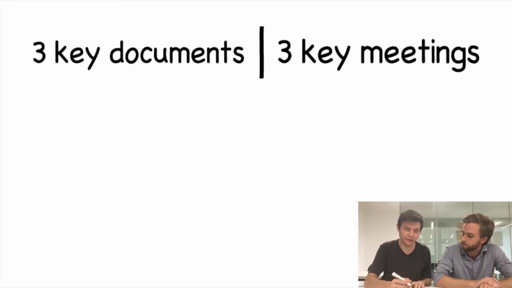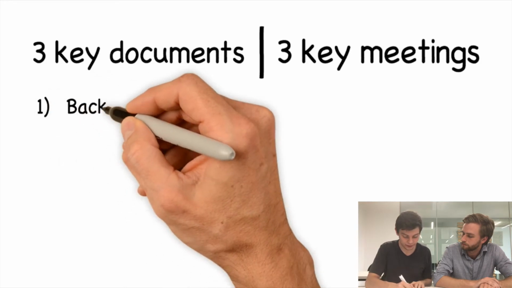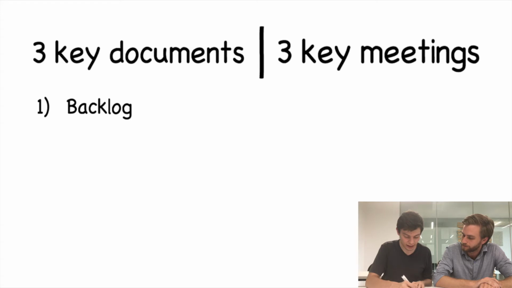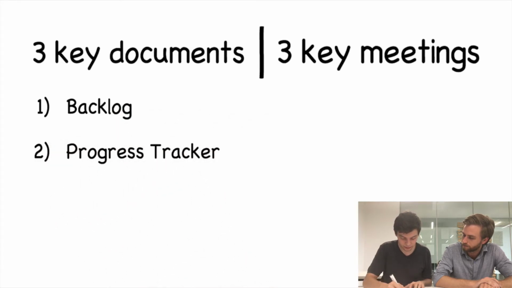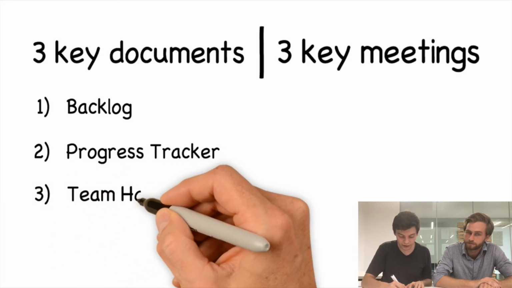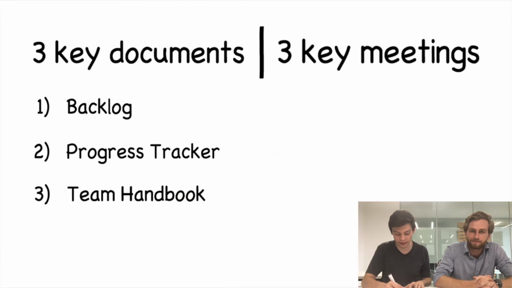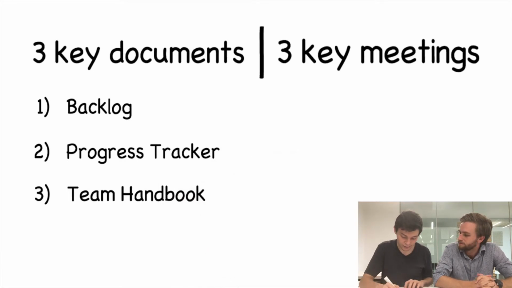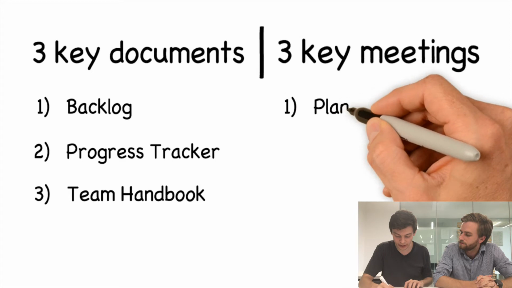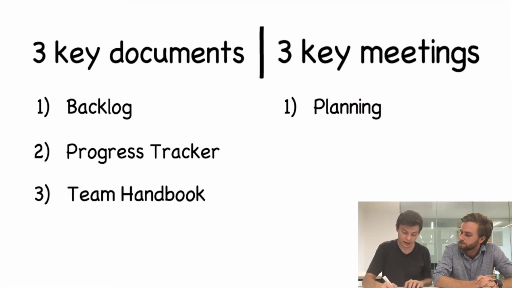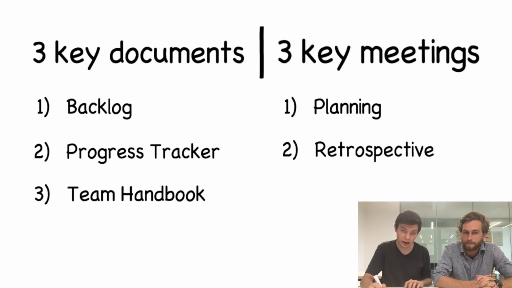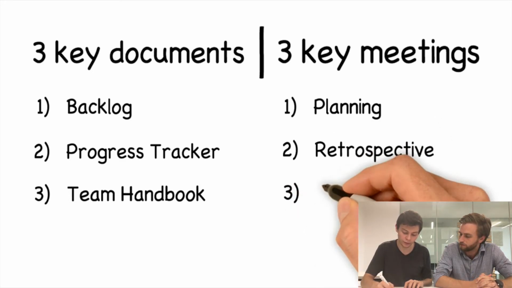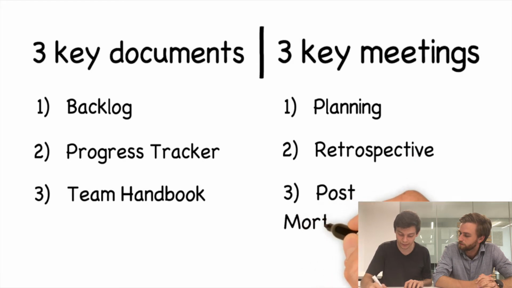The 3 documents that you'll need are a backlog, a progress tracker, a team handbook. Most teams will develop these sorts of things organically. Your 3 key meeting types will be a planning meeting, a retrospective, where you review your work, and what we're calling here a post-mortem. And I'll explain that in a minute.